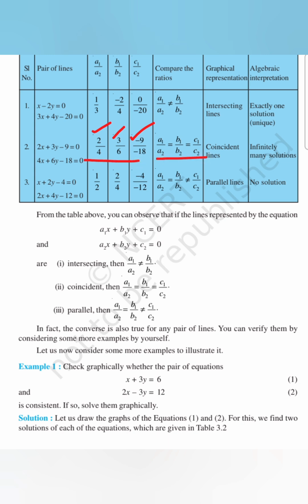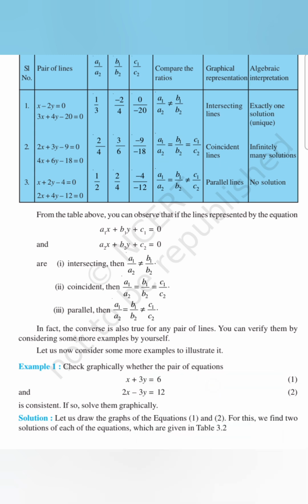So they will be equal. All three will be equal here. So they are coincident lines. And since they are coincident lines, they lie on each other. So they'll have infinitely many solutions. That's for this condition. If they're coincident, all these three ratios are equal. That's what is given here.